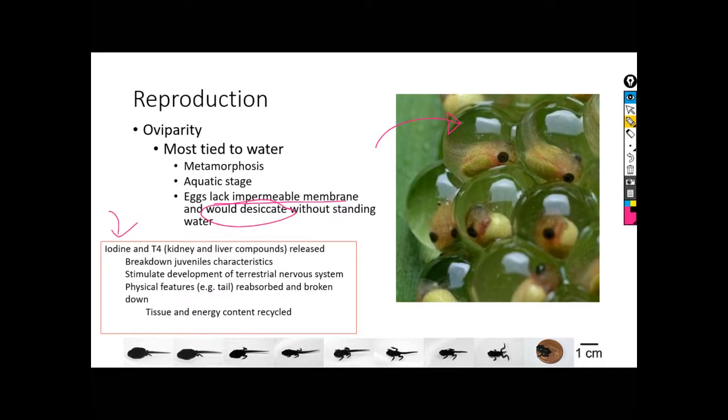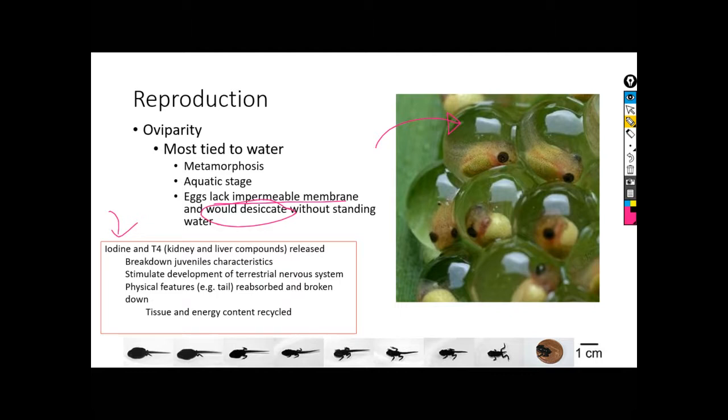Okay, now I don't care that you know all of the super details here. What I do care is, generally speaking, that we have two compounds, iodine and T4. The T stands for thyroid, right? So it's a thyroid compound that gets released more and more as they grow up.